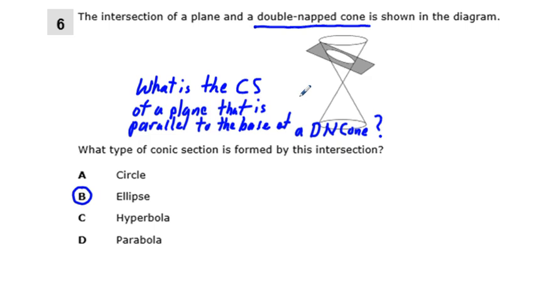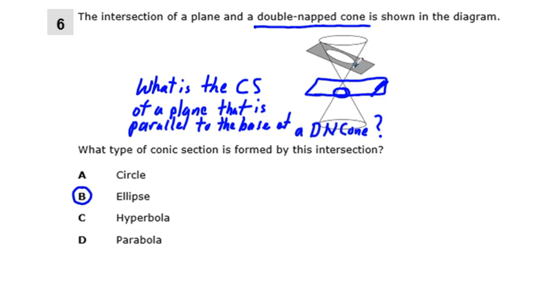Well, a parallel plane would be just like this, and I hope you could see that if we did something like this, it would intersect and cause a circle.